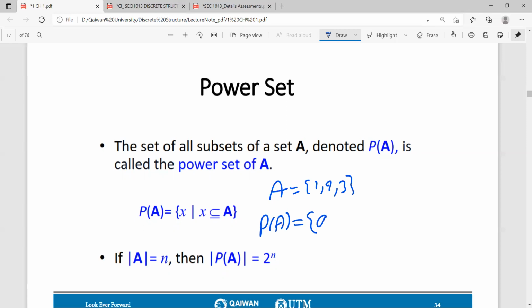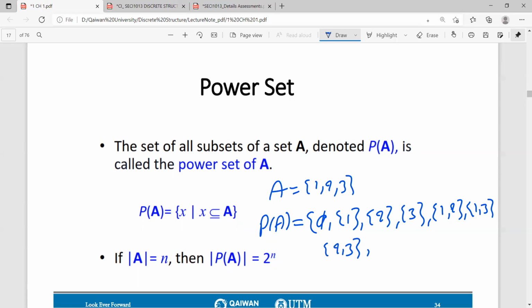We say phi, which is an empty set, is a subset of A. As we talked about before, the empty set is always a subset of all other sets. {1} is a subset of A, {2} is a subset of A, {3} is a subset of A, {1, 2} is a subset of A, {1, 3} is also a subset of A, {2, 3}, then {1, 2, 3}, which is A itself.